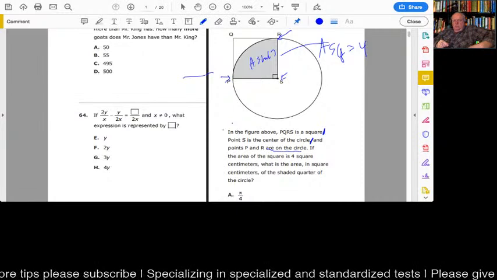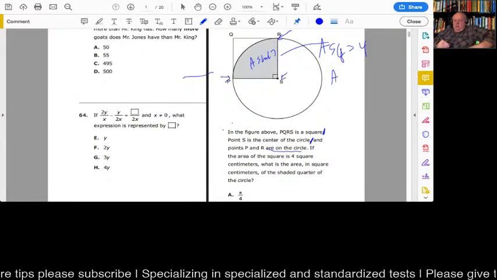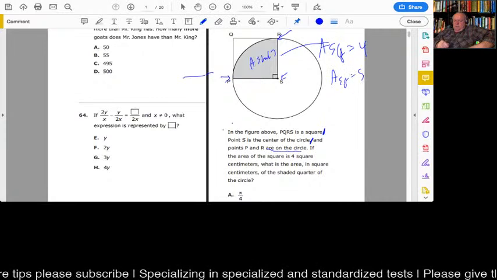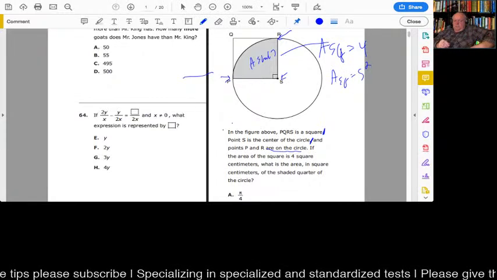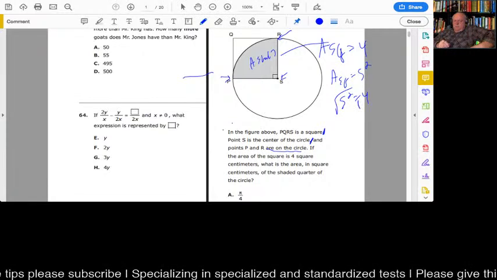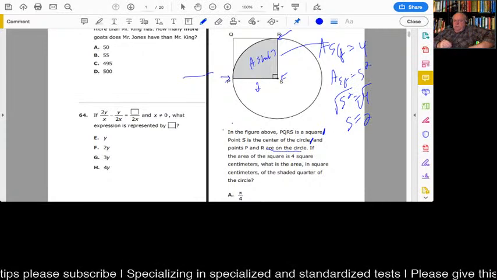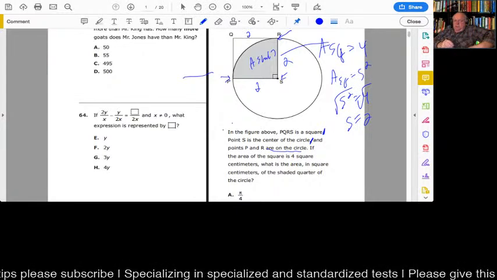If the area of the square is 4, we know that the area of a square is equal to the side squared, right? So if the side squared is 4, then if we take the square root of both sides, we know the side is 2. So that means this is 2, and that's 2, and that's 2, and that's 2, right?